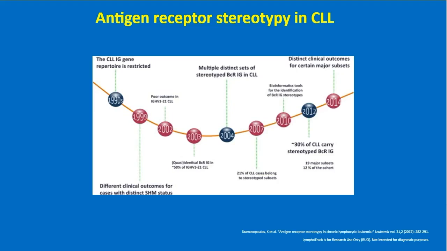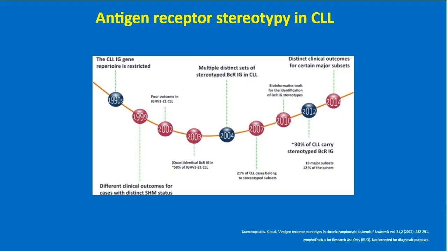And if you go back and look at the evolution of these observations: in '99, the importance of SHM status in CLL patients was discovered. Then the importance of the variable region 3-21 was discovered around 2000. Then multiple stereotyping of additional sequence motif similarity was identified in 2004.